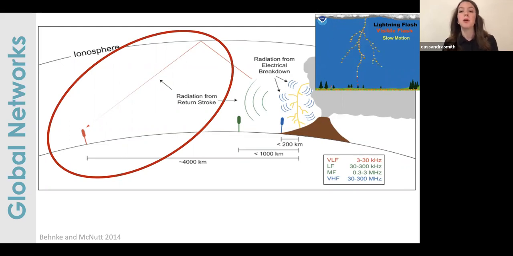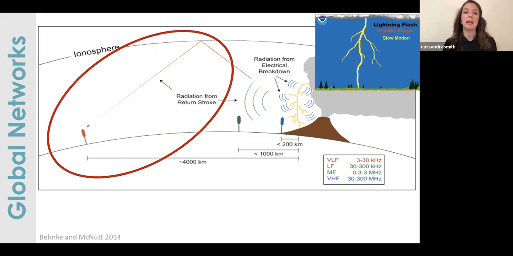And this very low frequency energy actually can radiate very far from the volcano, bounce off the ionosphere, and travel up to approximately 4,000 kilometers away from where the flash happened. So this allows global networks to be put into place where you can have 60 to 100 sensors distributed globally and record lightning wherever it occurs.